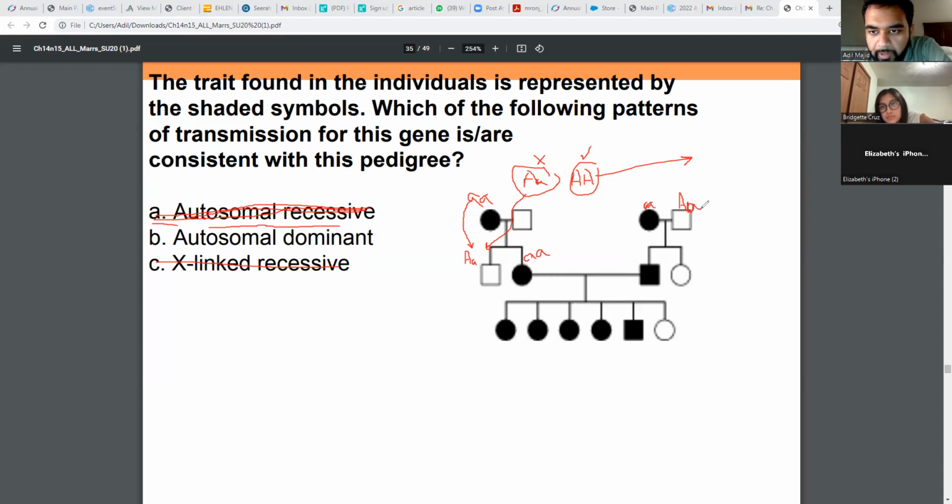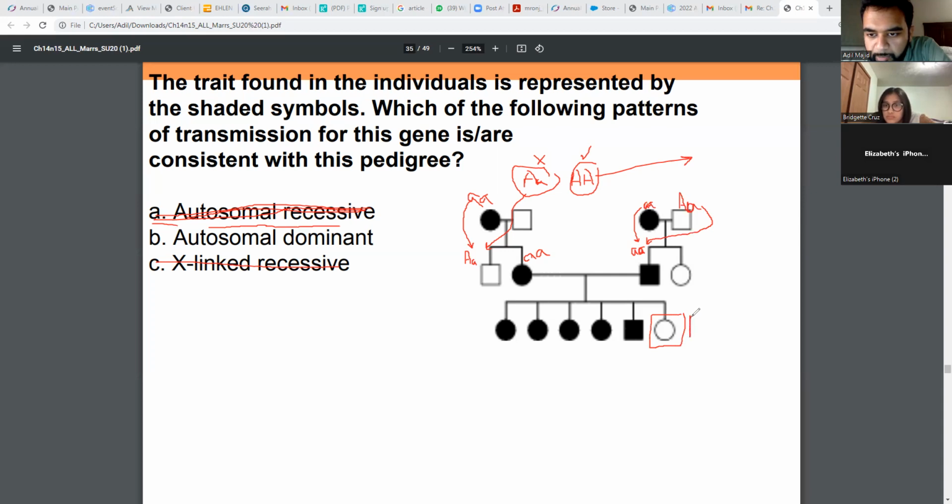Now, can this boy exist from this parent over here? No. Because she can give a little a and he can give a little a, right? So now we have little a marrying another little a, little a. See how this one doesn't show it?